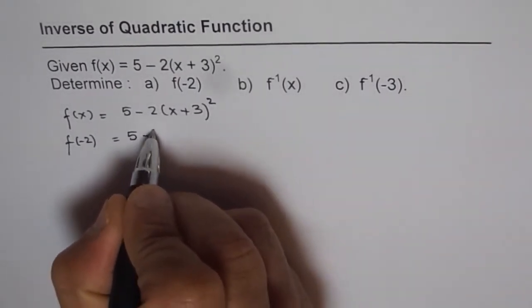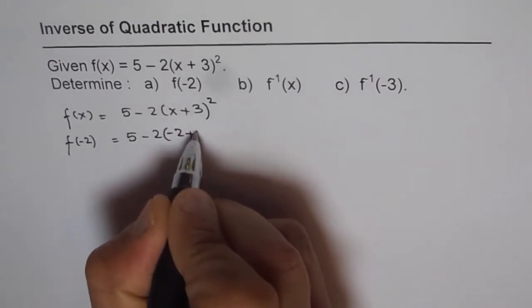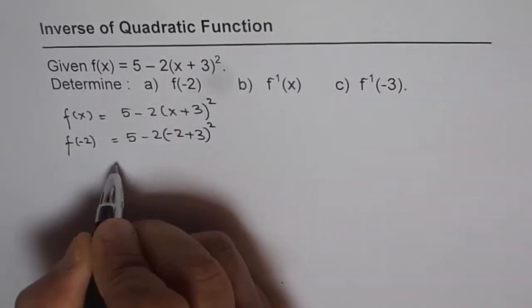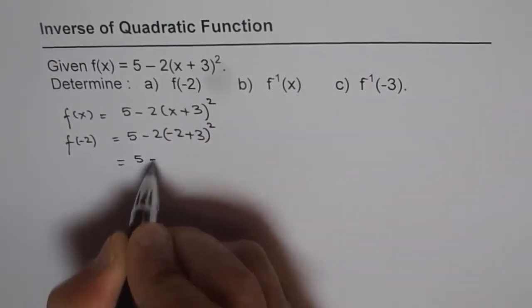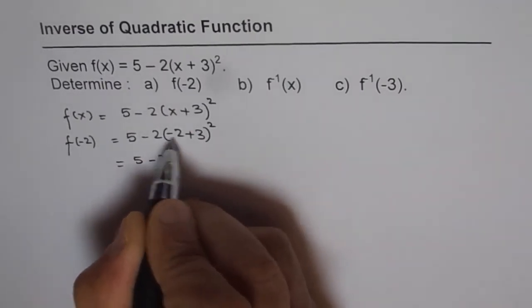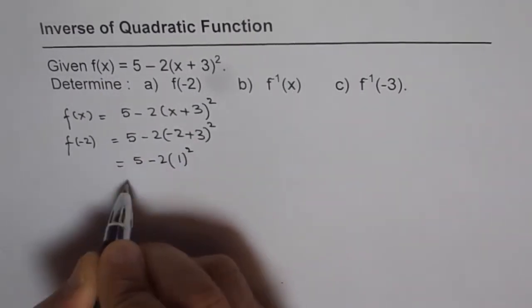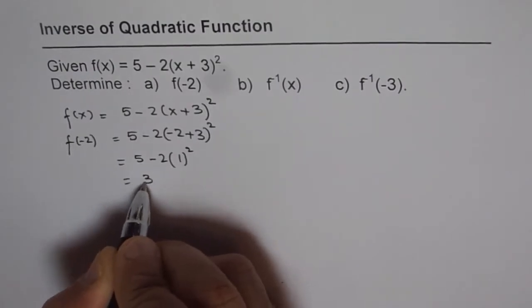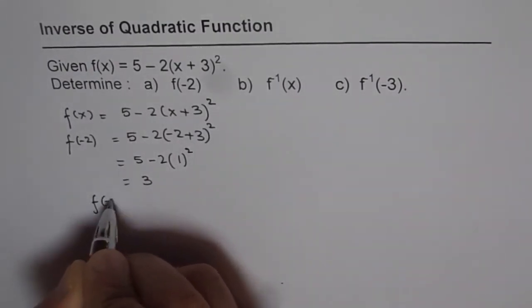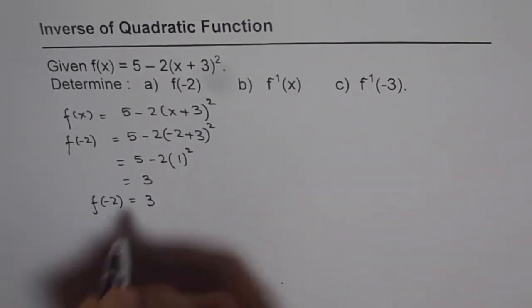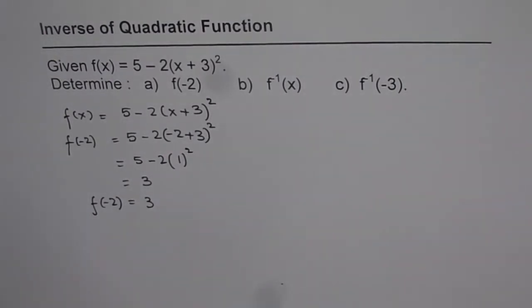So we get 5 minus 2 times (minus 2 plus 3) whole square, and that gives us 5 minus 2 times, and this is 1 in the bracket, so we get 5 minus 2, which is 3, and therefore f of minus 2 is equal to 3. Right? So that is what we get as our answer.